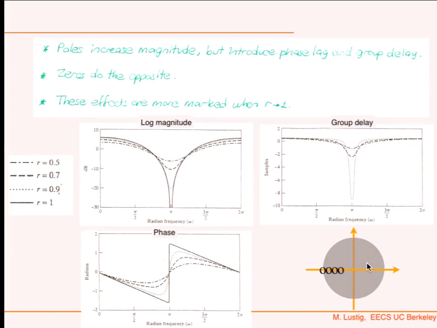Well, a change of sign is a discontinuity of pi in the phase. So it's not really a discontinuity in some sense, if you account for the fact that the function just changes sign. So the group delay in that case would become more and more enhanced as the zero gets close to the unit circle.